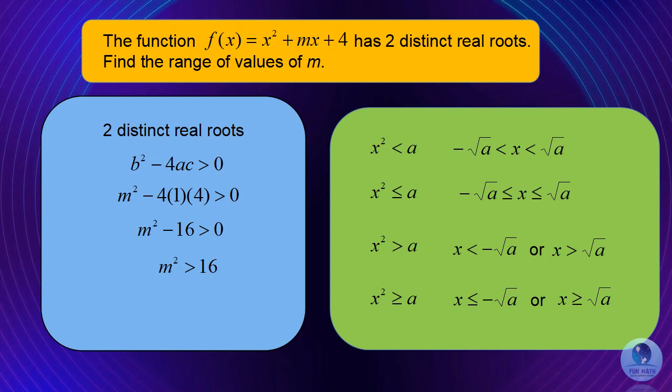Since m squared is greater than 16, therefore m is lesser than negative 4, or m is greater than 4. If you can memorize this formula, you can save time by writing these answers without the need of using graphical method or number line method.